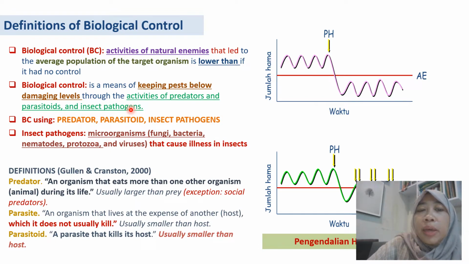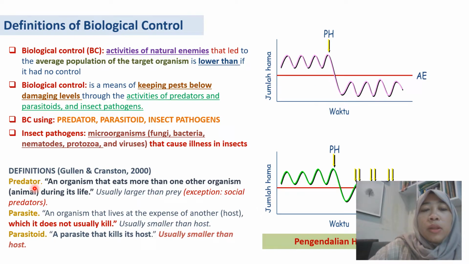That microorganism could be fungi, bacteria, nematoda, protozoa, and viruses. So we can make the insect become ill because of that organism. Entomopathogenic fungi, entomopathogenic bacteria, entomopathogenic nematode, protozoa, and viruses. So this is the insect pathogen.